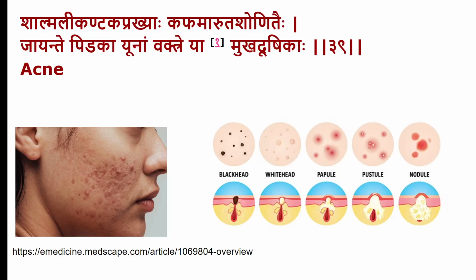Now, the akan are of different categories. We generally categorize the akan depending upon the clinical presentation as blackheads, whiteheads, papules, pustules, or nodules. And all of them are primarily produced due to the obstruction of these glands, or they are also related to hormonal changes.